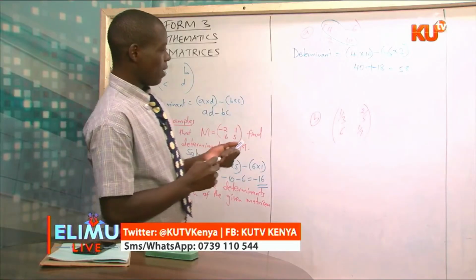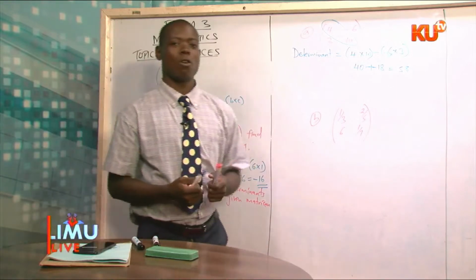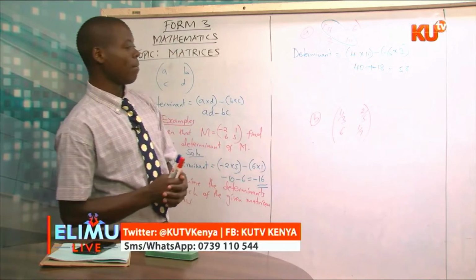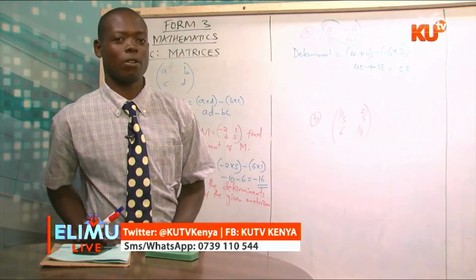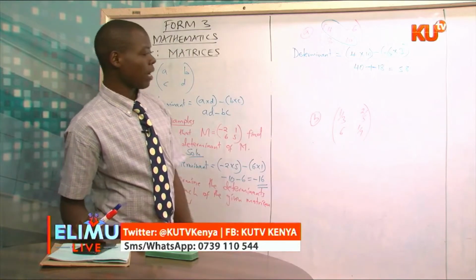Number B, not only will you have matrices given as whole numbers, but we may have matrices that are constituted by elements which are decimals or fractions. So in this case, we have fractions.